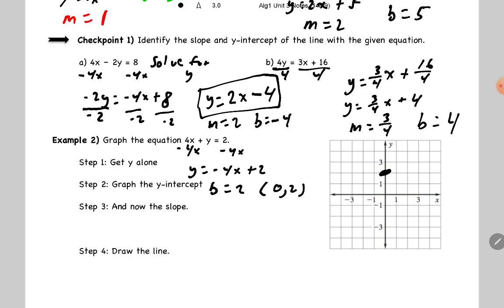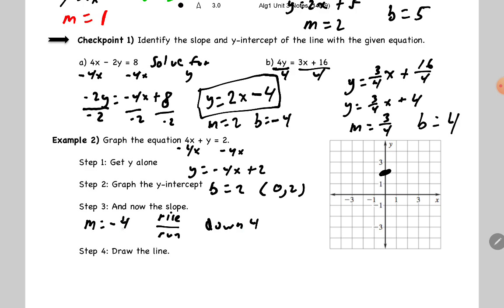Okay. So now the slope. Our slope is negative 4. So remember, our slope is rise over run. Okay. In this case, it is down 4.